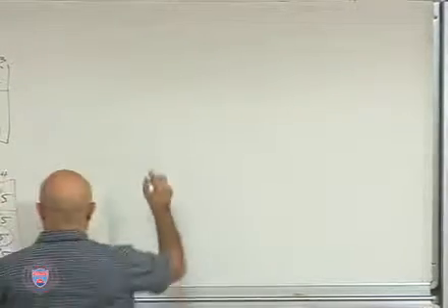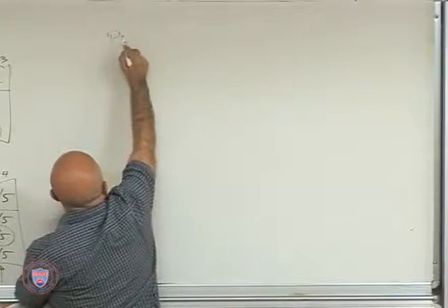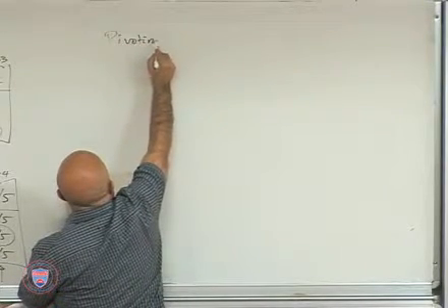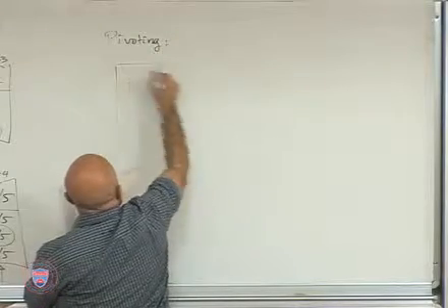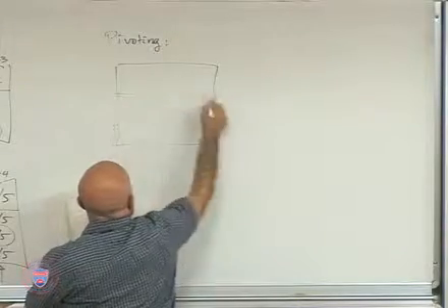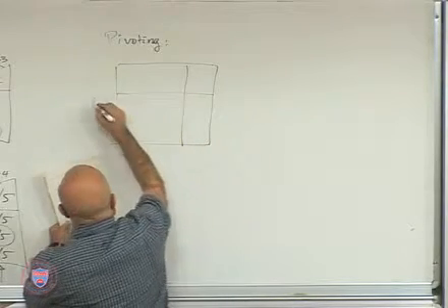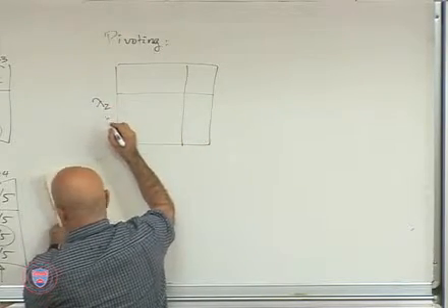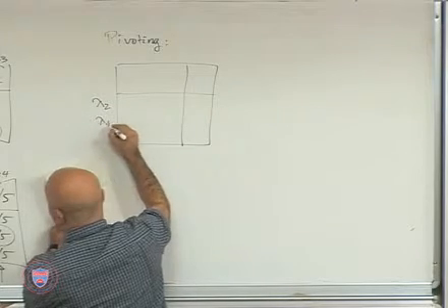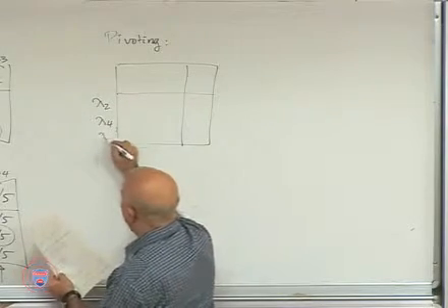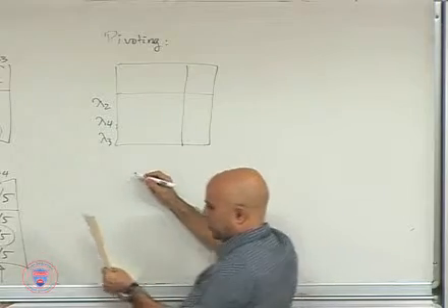And then you pivot and it gives you lambda 2, lambda 4, lambda 3 as your basic variables.